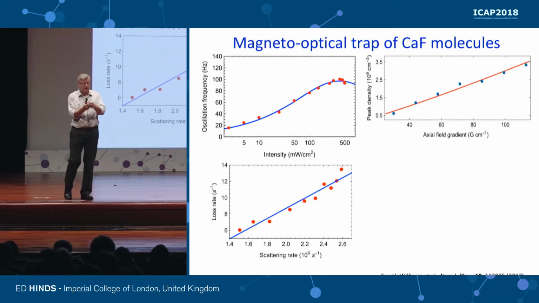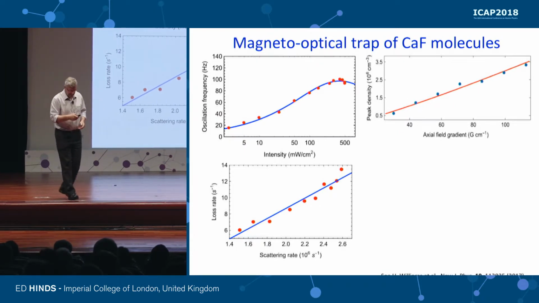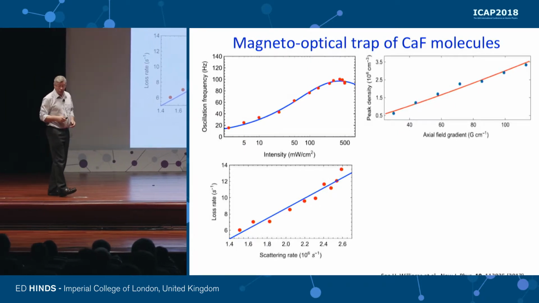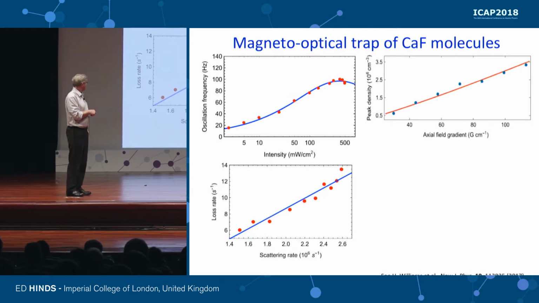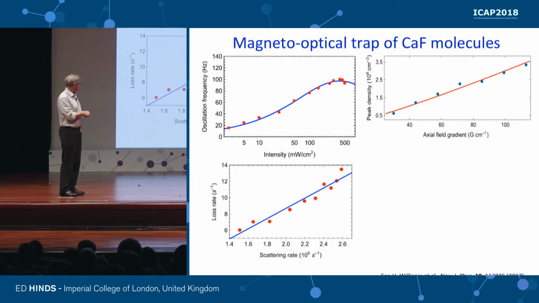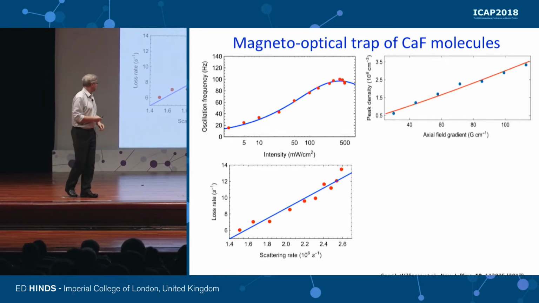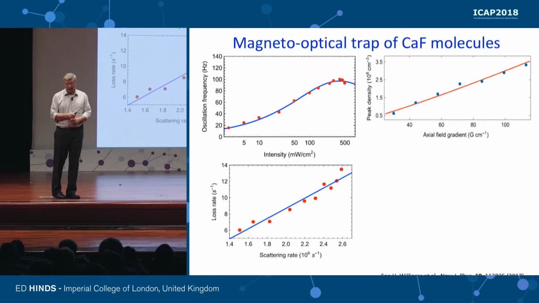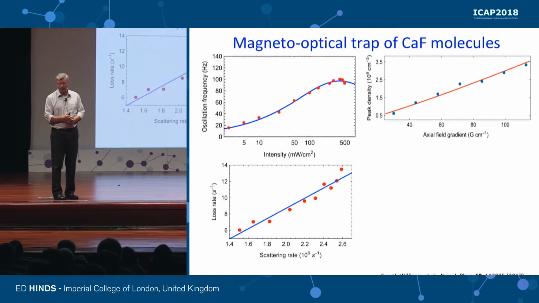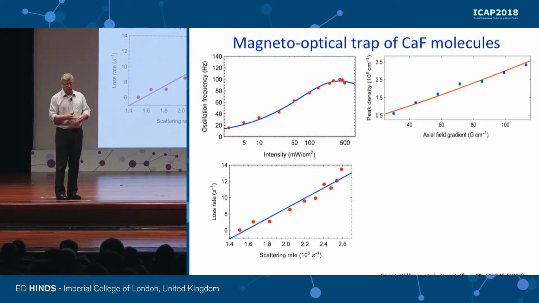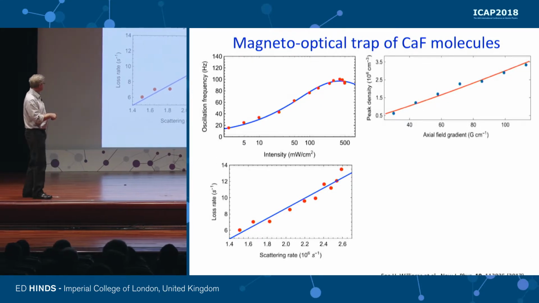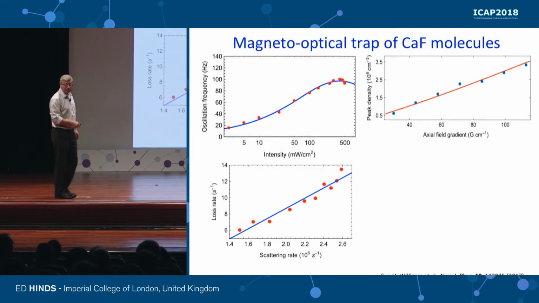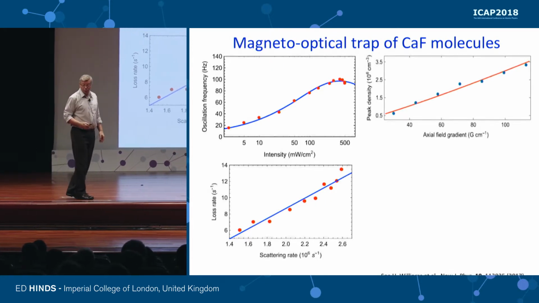And then the rescattering of light just causes the size to stay constant. But here, the density is still low, and we find that we can ramp up the axial field gradient all the way up to whatever this is, 120 Gauss per centimeter or so. If we go any higher, we just fry the coils. So if we don't want to destroy the experiment, we have to stop. But what you see is interesting, that the density is just increasing linearly, and we don't know how far you can push that.